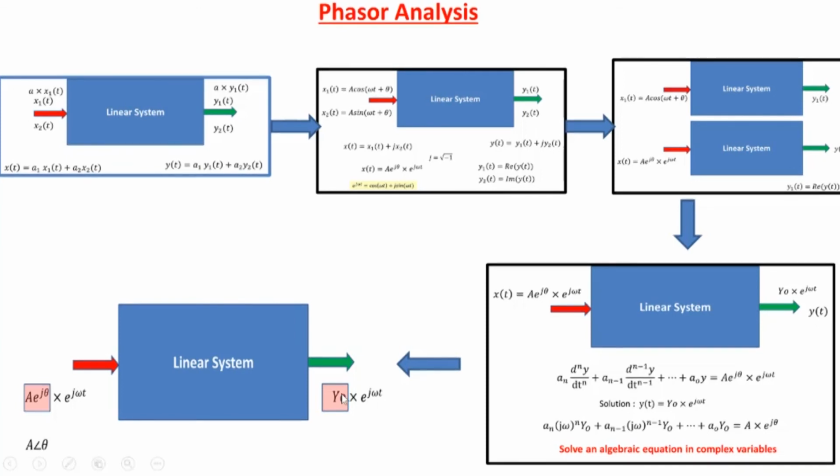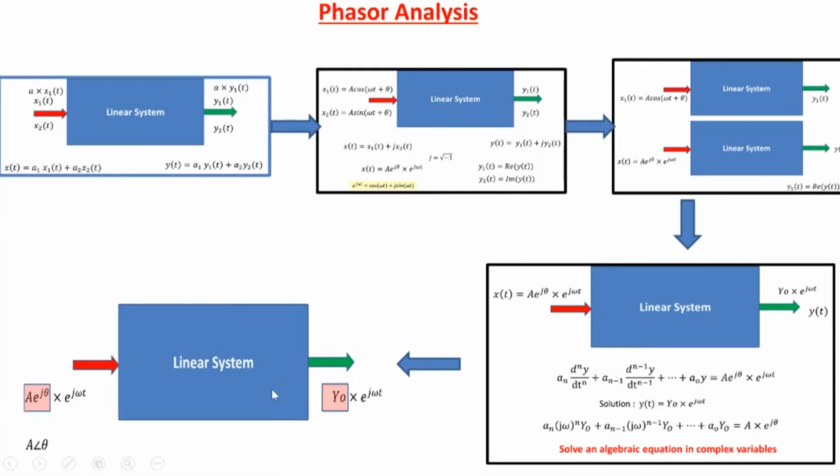Once you work in terms of a e to the power j theta, which we call a phasor, you'll find the response of the output in terms of y0, and then add e to the power j omega t to it, and take the real part of it, and you'll get the response to a cos(omega t plus theta).